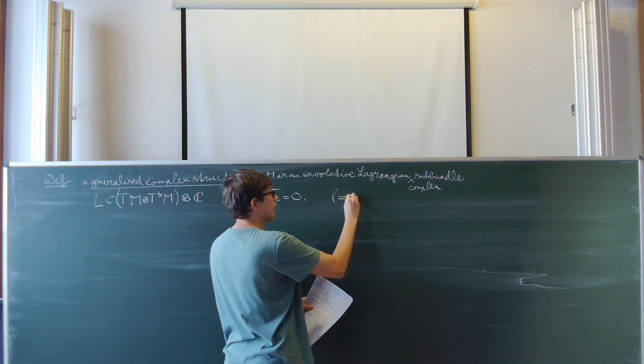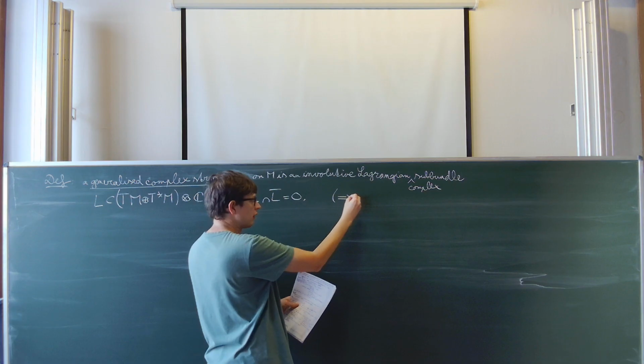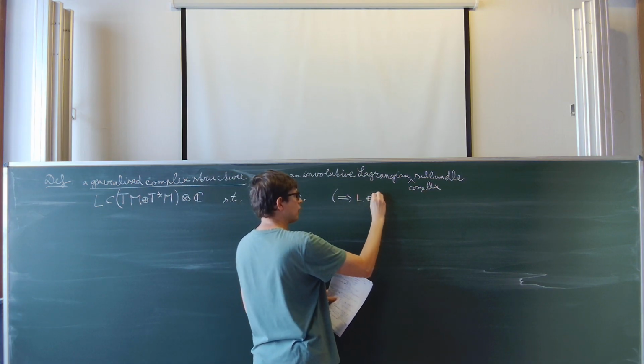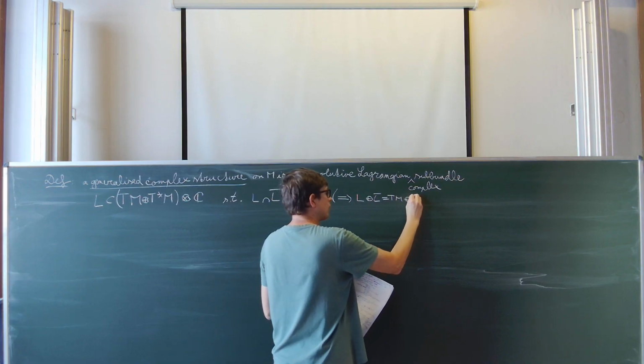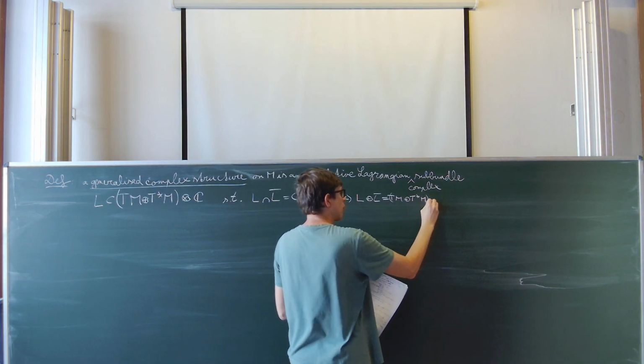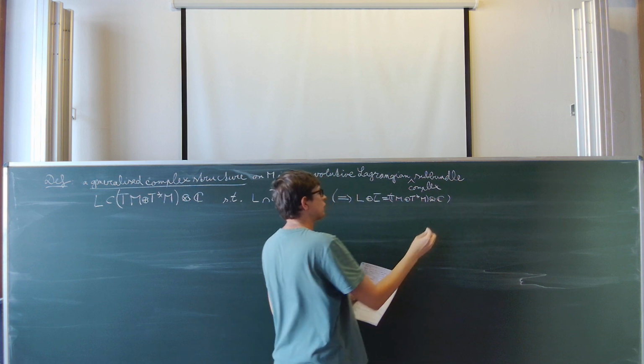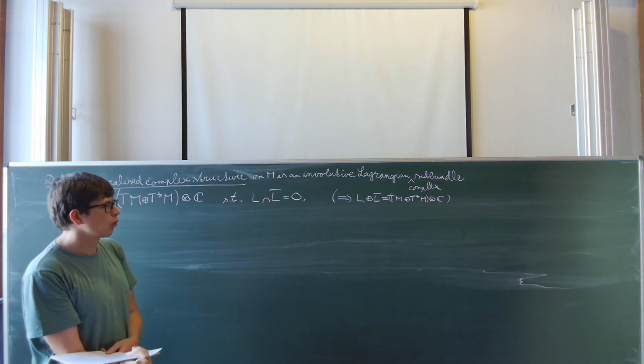In particular, because they are Lagrangian, so they are half-dimensional, it means that they actually span the whole bundle. If you remember from our discussion of complex structures, these were the two things that we want for integrable almost complex structures.